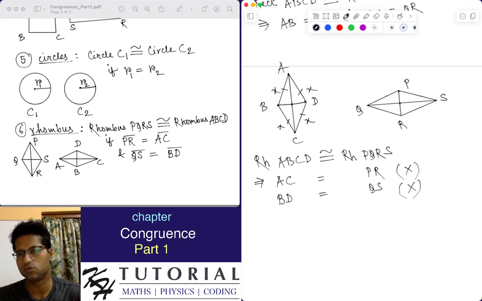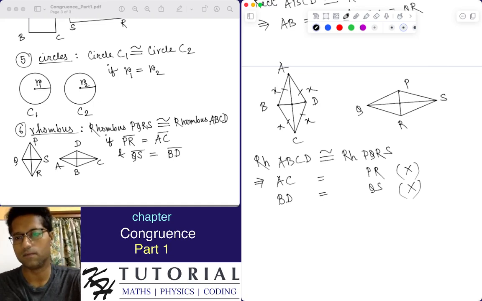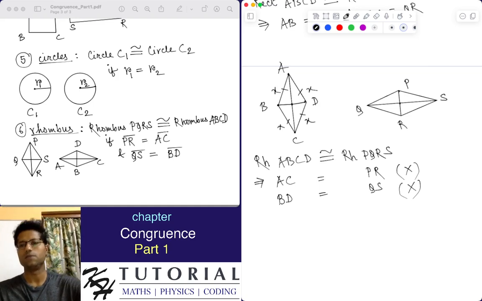These two rhombus are congruent, that is for sure. But if I express the congruency between these two rhombus as rhombus ABCD congruent to rhombus PQRS, that is an incorrect way of writing, because this will mean that AC is equal to PR and BD is equal to QS. In the rhombus ABCD the diagonals are AC and BD, and in the rhombus PQRS the diagonals are PR and QS.